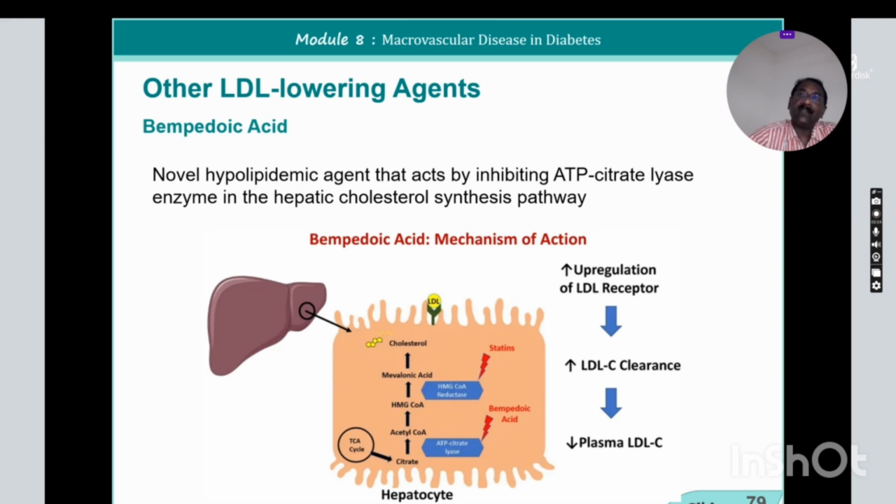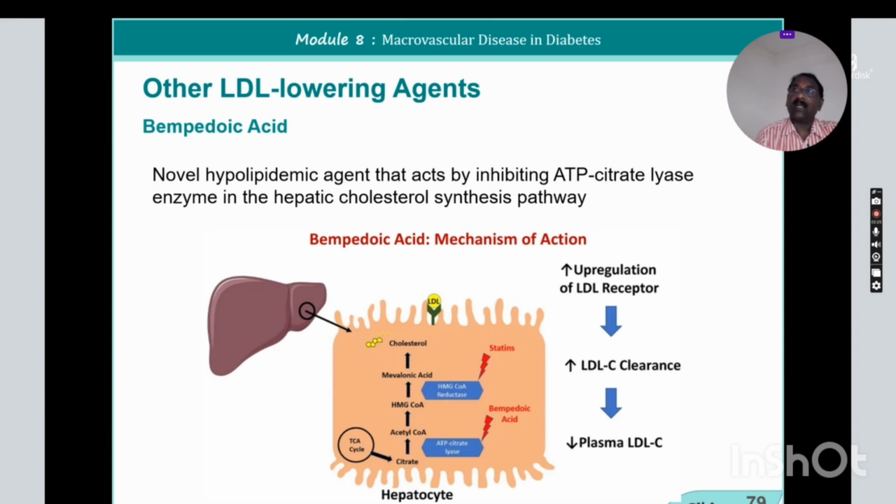Your statins act through HMG coenzyme A reductase inhibition. Cholesterol synthesis will be inhibited by the statins. Cholesterol absorption will be inhibited by ezetimibe. But here, LDL cholesterol clearance will be increased.